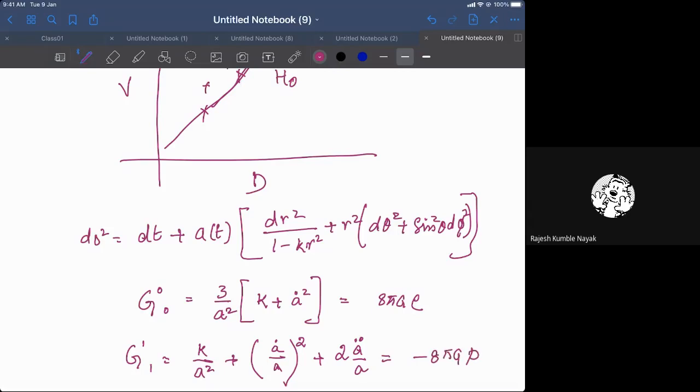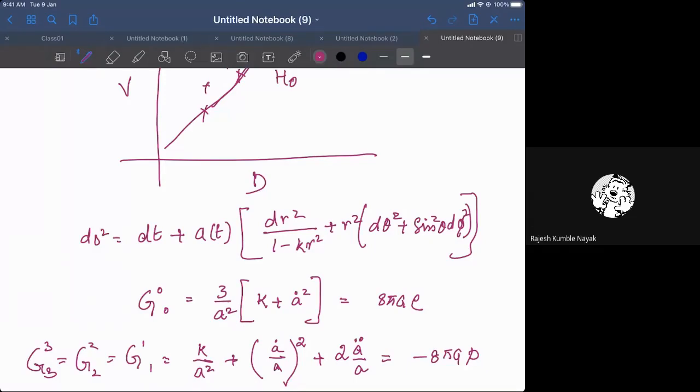So this is the next equation. The next three equations are actually the same. You can say this is also equal to G22, this also equal to G33, and the off-diagonal elements are also 0. So this essentially is Einstein's equation for an expanding universe where the scale factor a depends on time, and it is directly related to rho, the density of the perfect fluid filling the universe, and the pressure of this fluid.